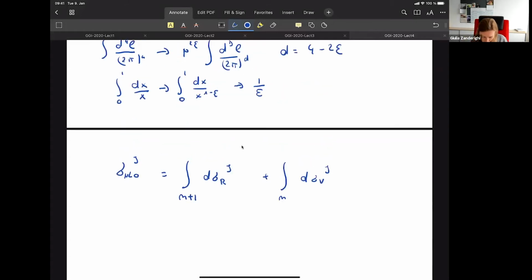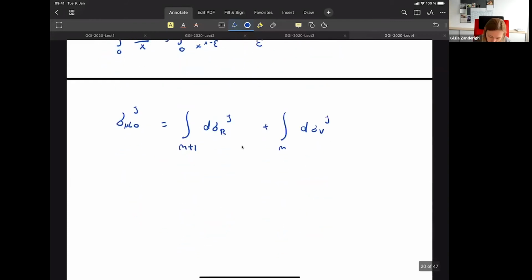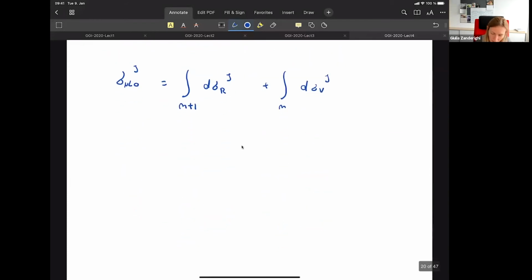And this is what makes this complicated. These phase space integrals, which I write here super schematically, maybe in this form, n+1 dΦ_n.